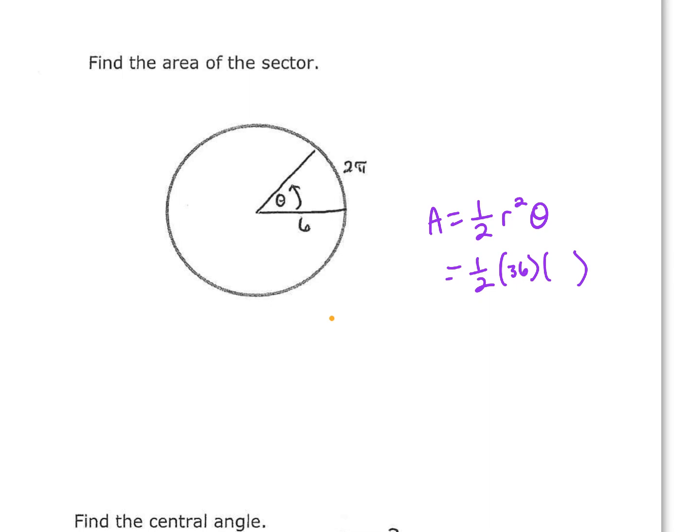Keep in mind, this is not drawn to scale. So we have our arc length. We are told that S is 2 pi. So we have 2 pi is equal to radius, which is 6, times theta. So we've got to solve for theta. So I need you to realize you've got to use the area formula, but you've got to use that arc length formula first because we've got to solve and figure out what theta is equal to.